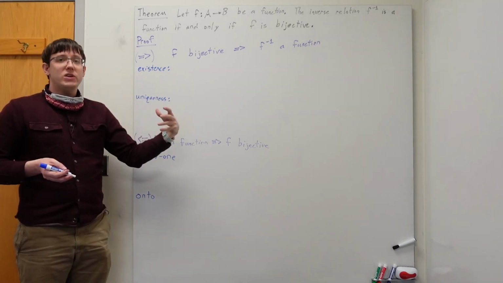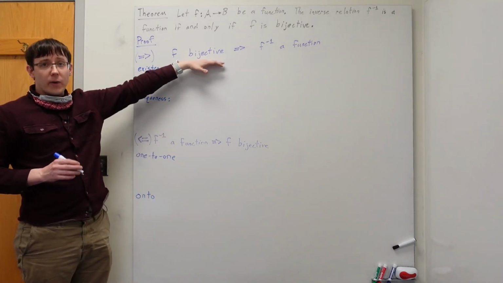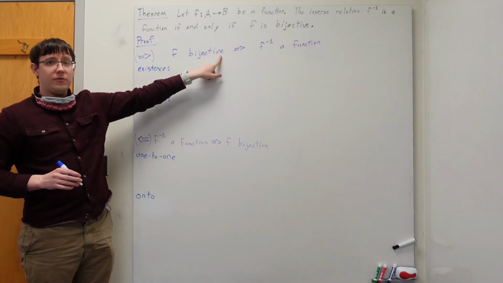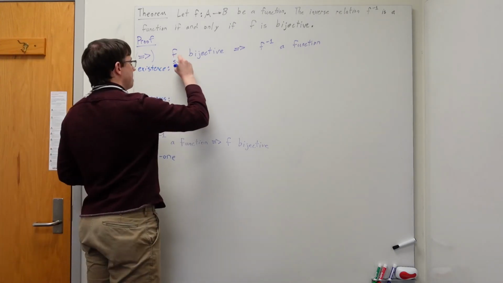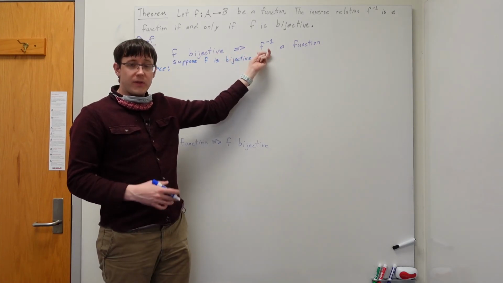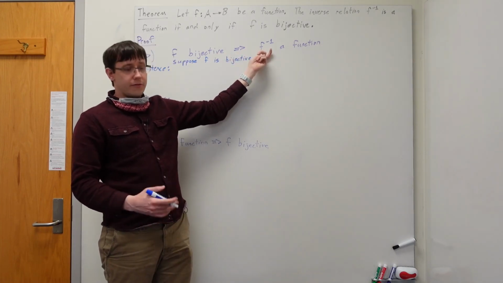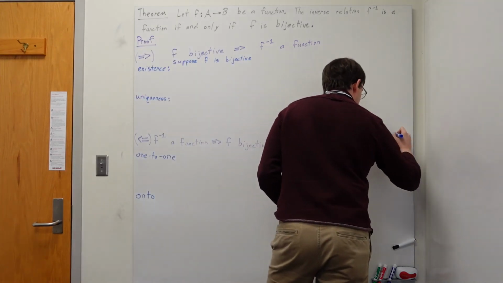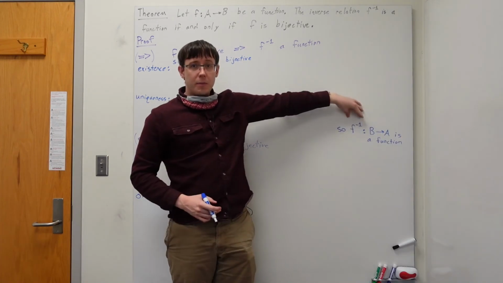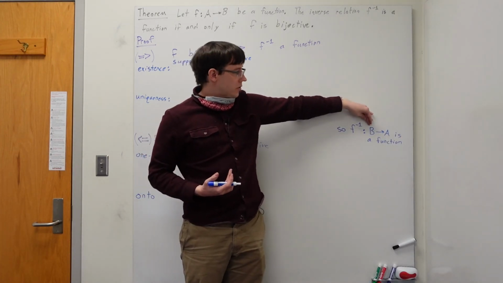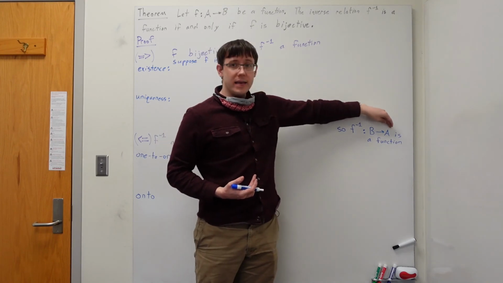So for the forward direction, we can use a direct proof where we begin by supposing that f is bijective, and we're trying to reach the conclusion that f inverse is a function. So remember that f inverse maps in the other direction of f, so it maps from b to a.